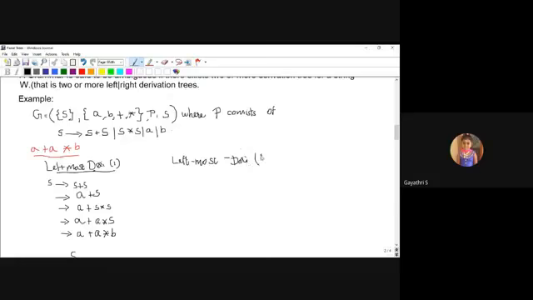This is part two. Okay. If there is more than one leftmost tree, it also comes under the ambiguous part, right? So, another leftmost derivation.